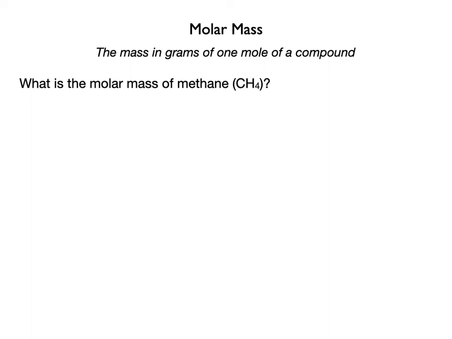So, for example, what is the molar mass of one of these molecules? We talked about how we can use the periodic table to find the molar mass of carbon, or find the molar mass of hydrogen. But what if we want to find the molar mass of CH4? Well, the way we would do that is we'd know CH4 is made of 1 carbon and 4 hydrogens. So the molar mass of the molecule is just the sum of all of the molar masses of the atoms.